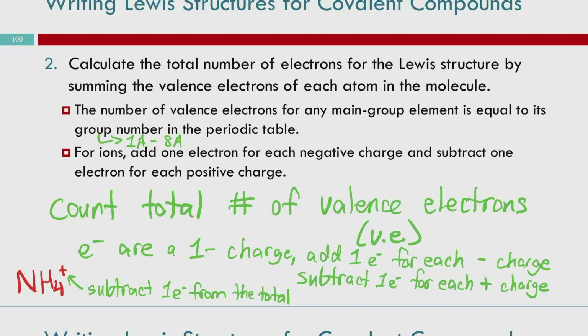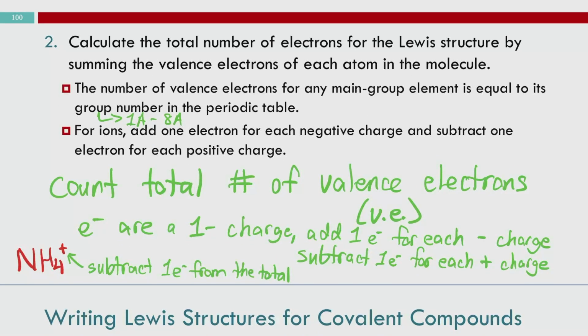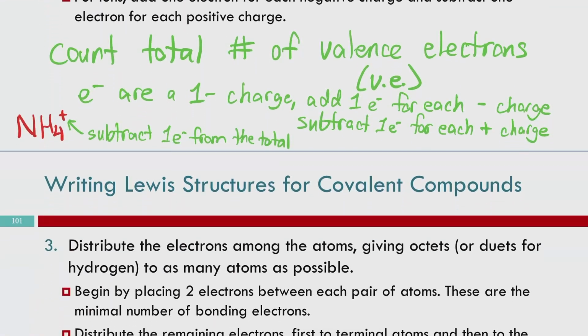We've got 4 hydrogens, which each have 1, so 5 plus 4, that's a total of 9. Then we would subtract 1 because of the positive charge, and so we would have 8 electrons, looking at my left hand only, we'd have 8 electrons to place instead of the 9 that we expected. So that's step 2. That's our VEs, our valence electrons, our total number of electrons.